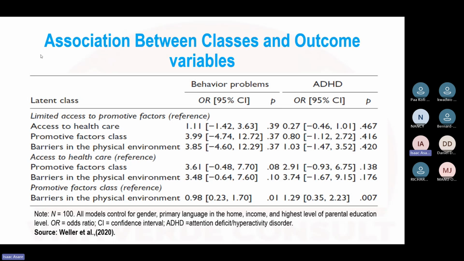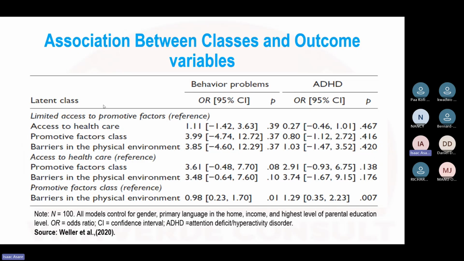So you should be able to associate, right? Association. You can perform association tests between the classes as against the outcome variables. It is very, very important. We will look at them practically. That is tomorrow.